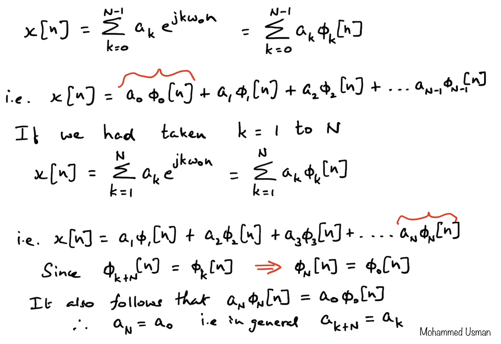That means an is the same as a0, an plus 1 is the same as a1, an plus 2 is the same as a2, and so on and so forth. So just as we have phi k of n periodic with capital N, similarly the Fourier coefficients ak are also periodic with period capital N. That's another observation that we deduce from expanding this summation.